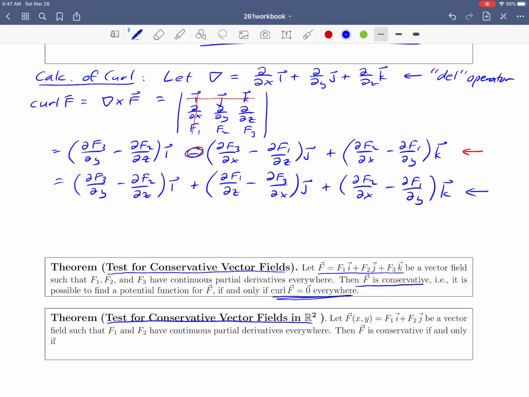There's also a test for two-dimensional vector fields to tell when they're conservative. The nice thing is that that one's quite a bit easier to write down than the previous one. If you start with a two-dimensional vector field, something that just has two components, it's going to be conservative exactly when this one equation is true: the partial of f2 with respect to x has to equal the partial of f1 with respect to y.